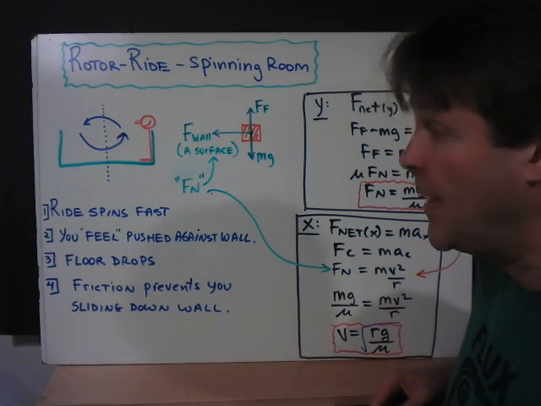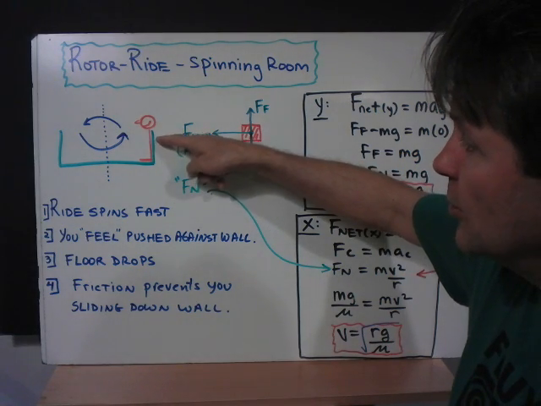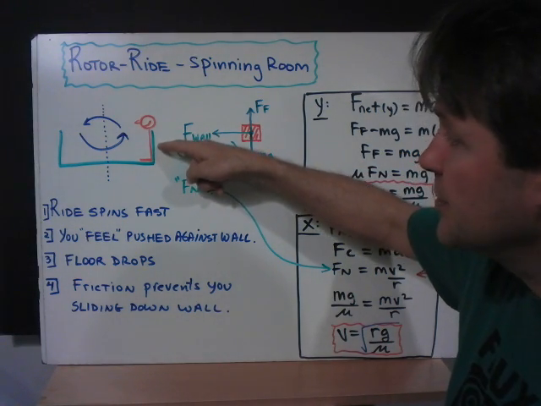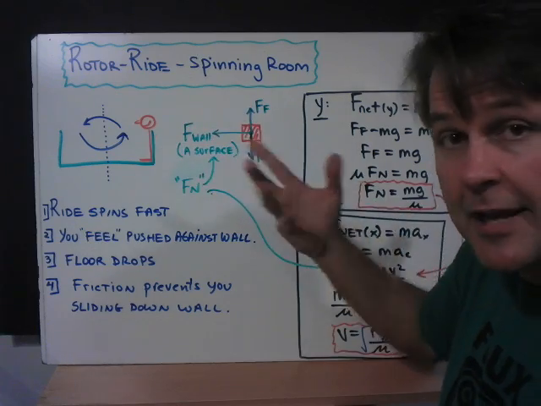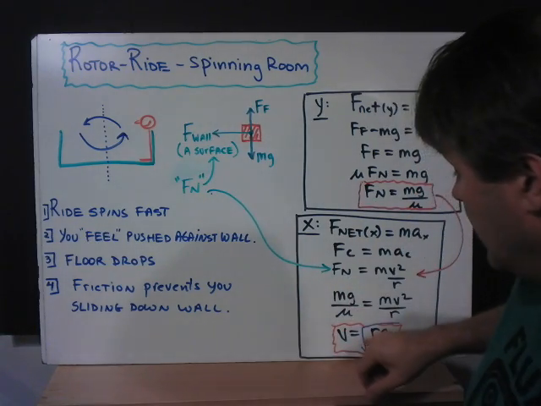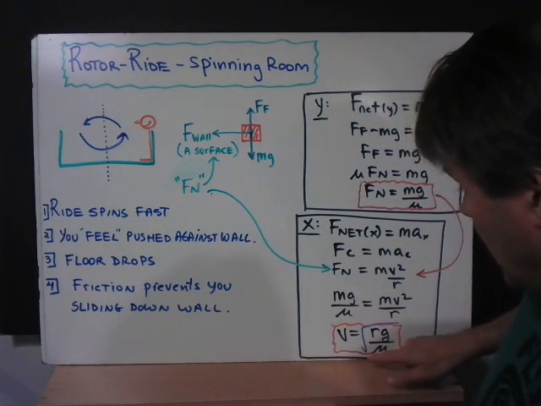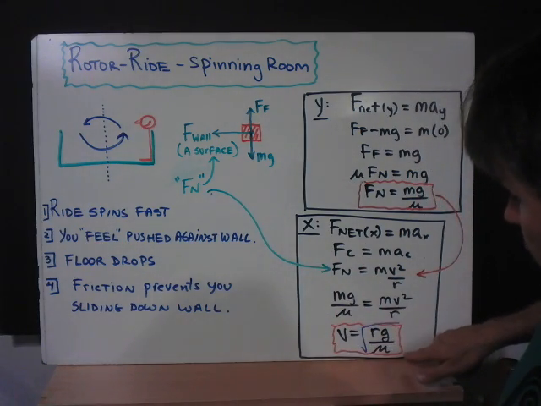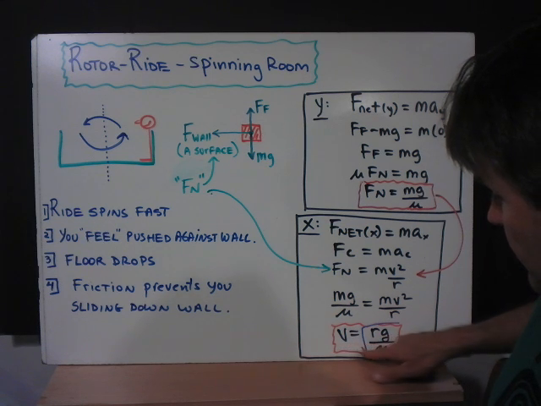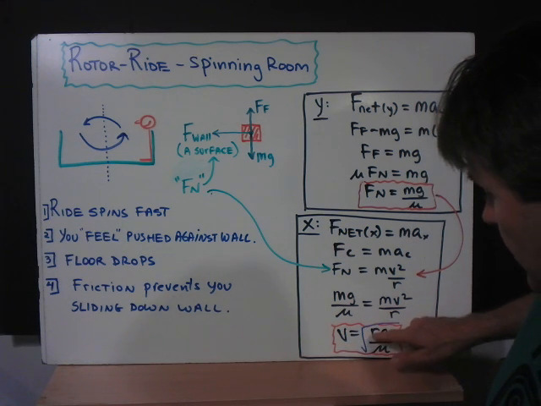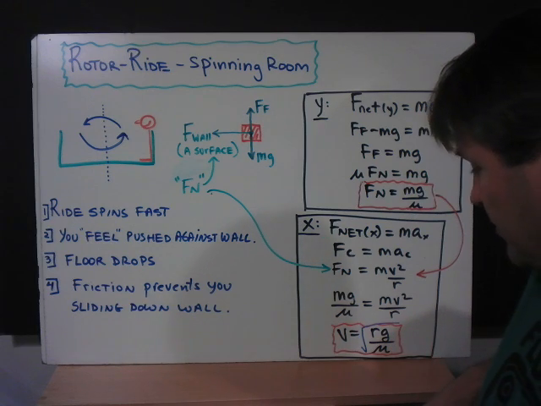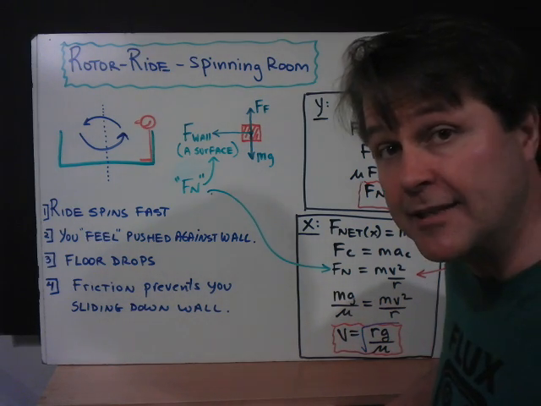So mass actually doesn't matter. It doesn't matter how large or small your body is. You will have the same effect in terms of how fast the ride can travel for you to stick to the wall. So in the final form of the equation, v is equal to the square root of rg divided by mu. And notice again, mass does not matter.